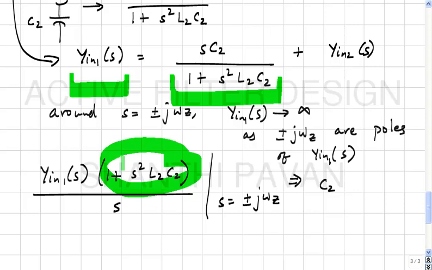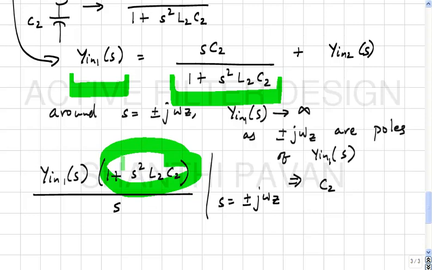In other words, the denominator of y in 1 of S must have a factor 1 plus S square by omega z square, just like what we saw here, right? So when we do the multiplication, we see that the zeros go away. In a similar manner, the denominator of y in 1 of S must have a factor of 1 plus S square L2C2, which will cancel off this numerator and you get a constant. Is this clear?